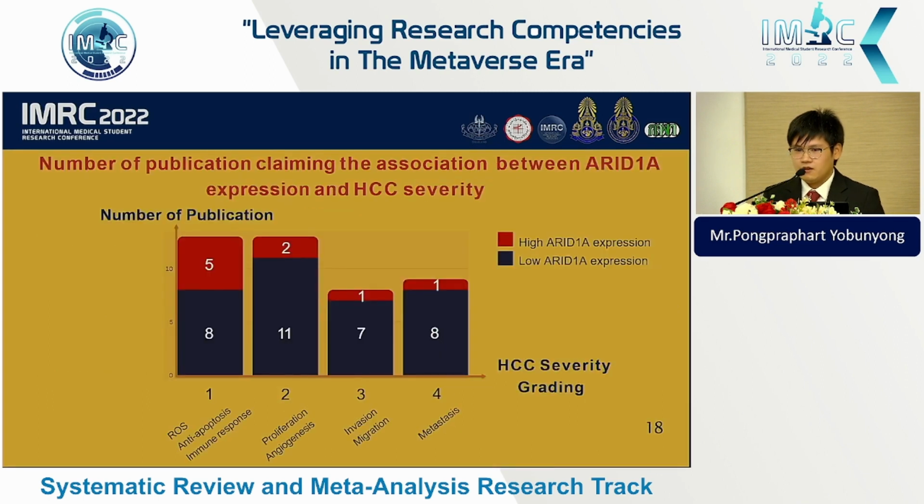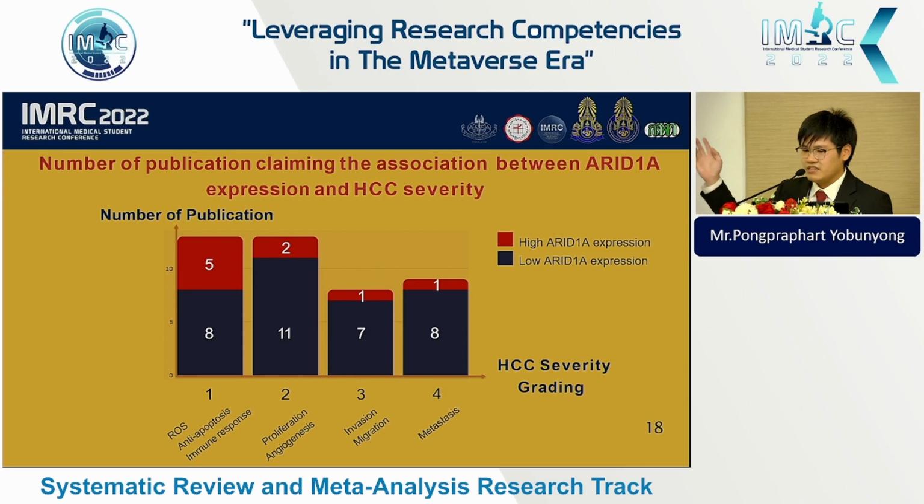As we extracted all of this data, we constructed this split bar graph. The vertical axis represents the number of publications. The horizontal axis represents the HCC severity grading. The red box represents the number of publications that report high ARID1A expression, and the dark blue box represents low ARID1A expression.